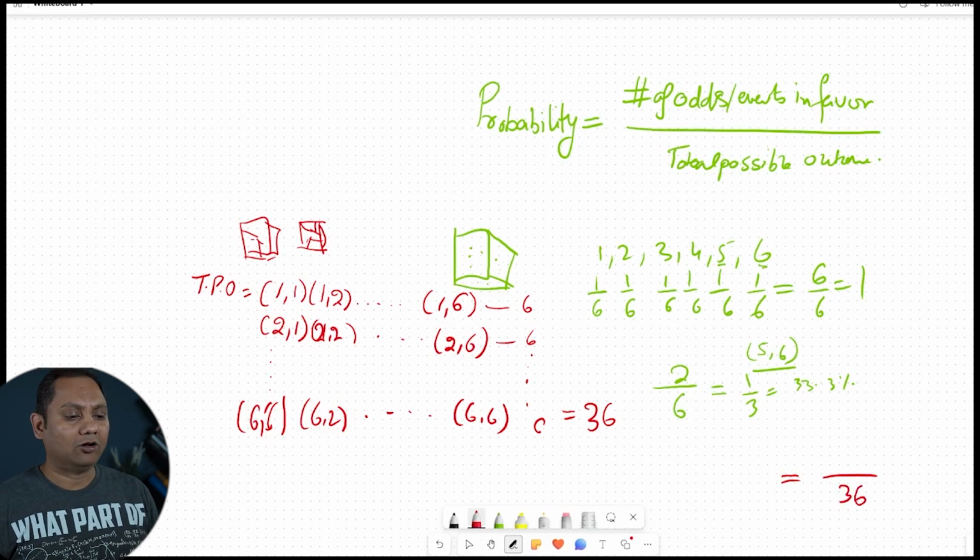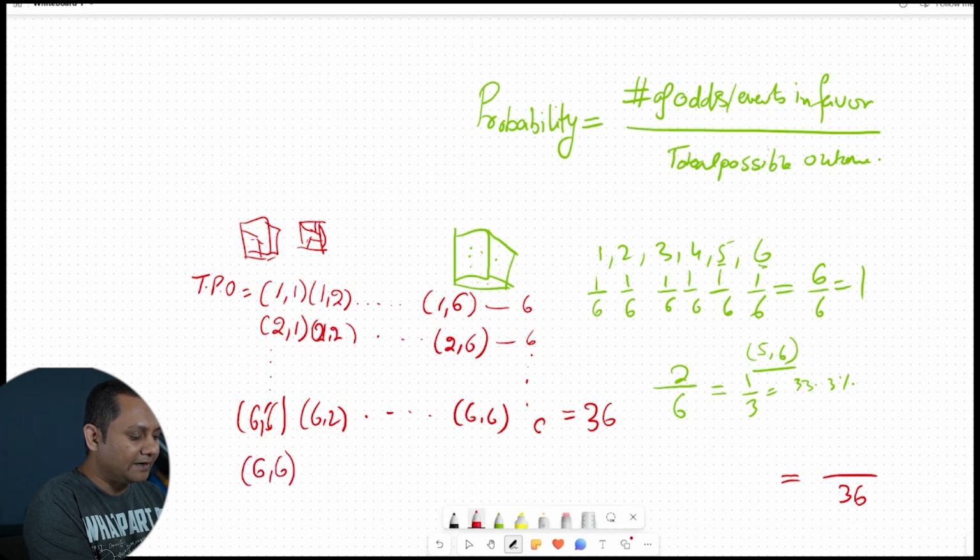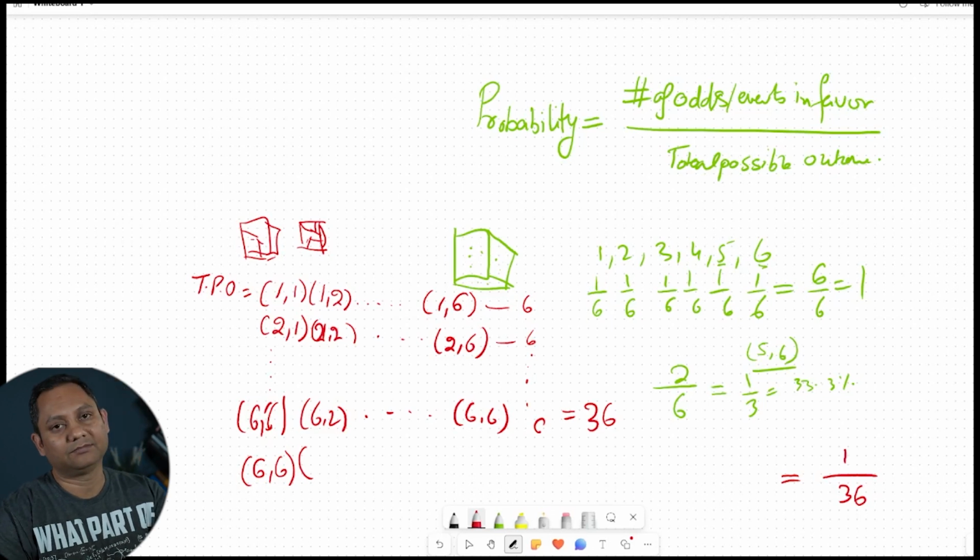So I'll have to find all the events that would be in my favor. So I can get 12 if I get 6 and 6 on both dice, that's the only possible way. There is no other way to get 12. So to get 12, my probability is 1 by 36.